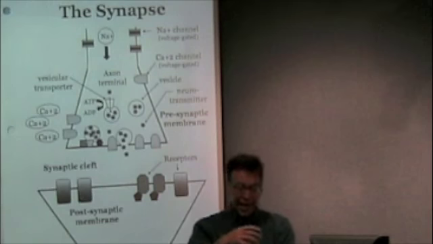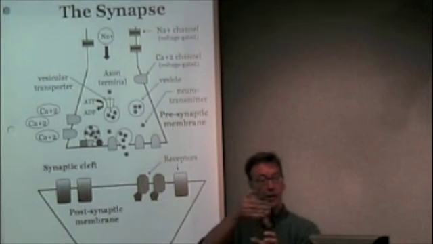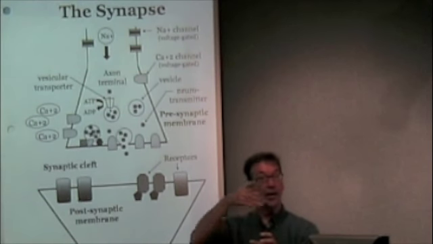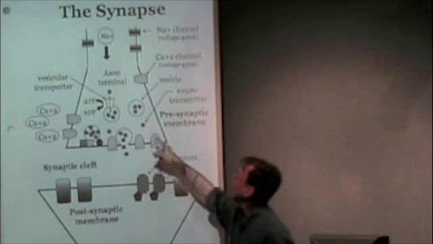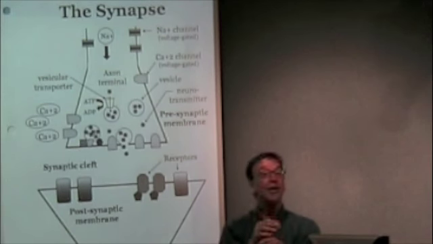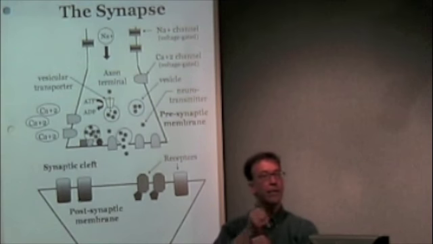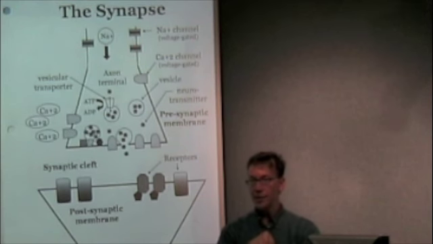It's another channel that is going to change its shape depending upon the charge difference between the inside and the outside. And it turns out that in order to open these voltage-gated channels, you have to reach a particular threshold voltage.